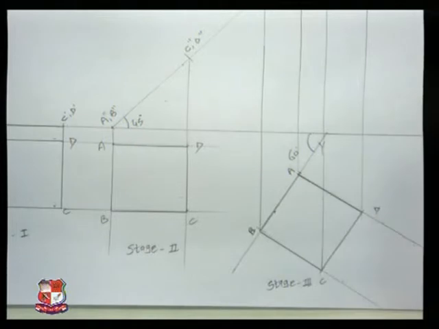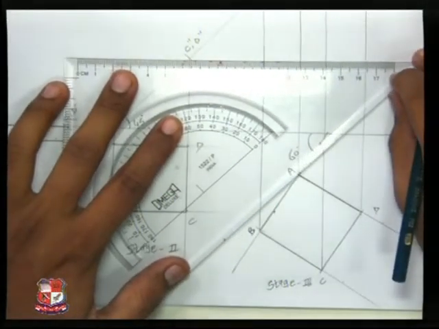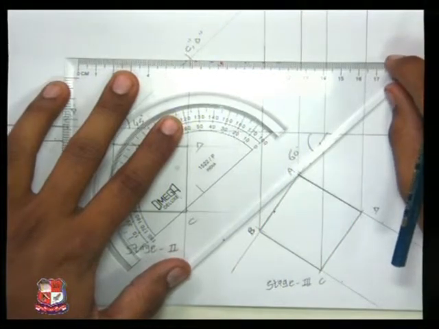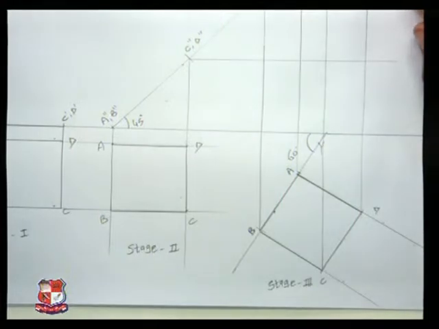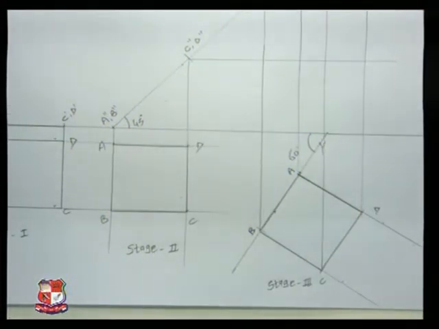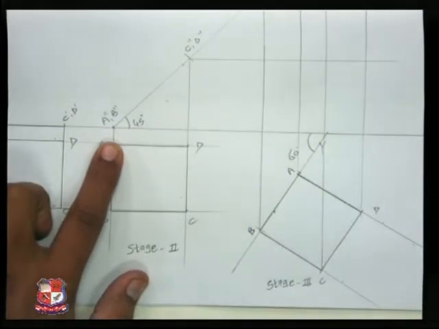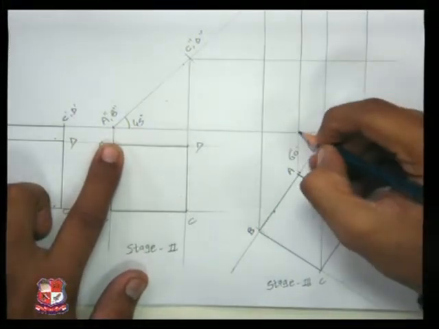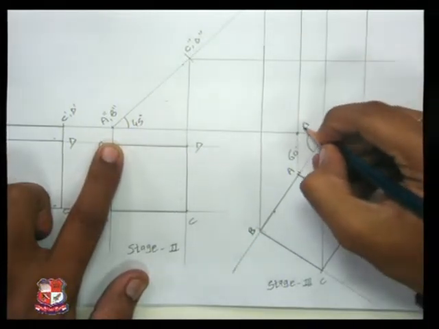Now take the horizontal plane projections towards the vertical projections. Only one projection will be there. Match A to A line, which means mark point A triple dash over here.